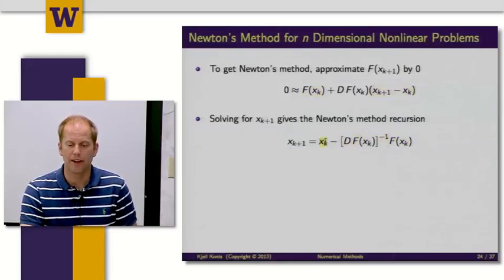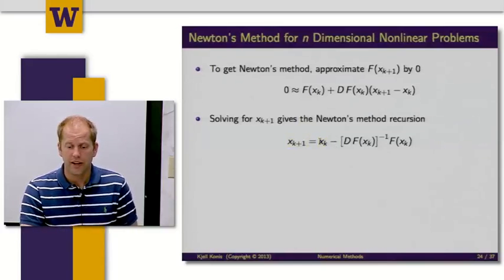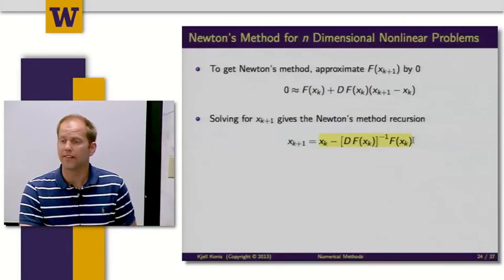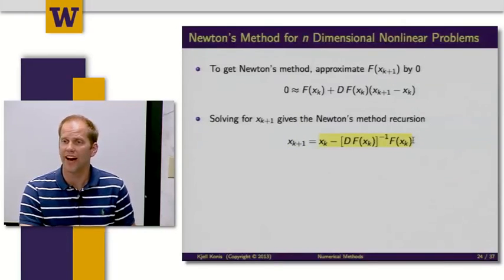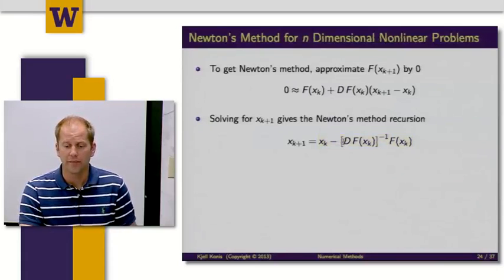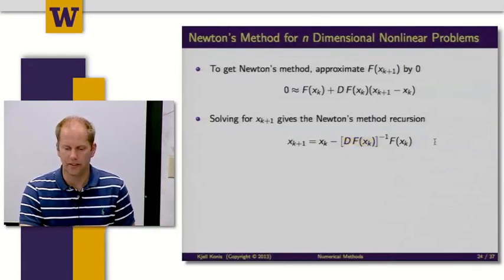And then I'm going to move the xk also to this side of the equal sign. So I've isolated my point xk plus 1. And this is basically the same formula as I had for the one variable case, except now, when I had one variable, I could just interpret multiplying by the inverse as dividing by the derivative.